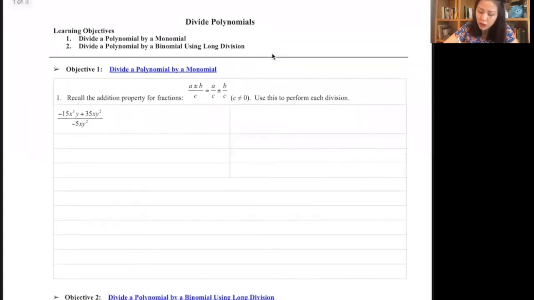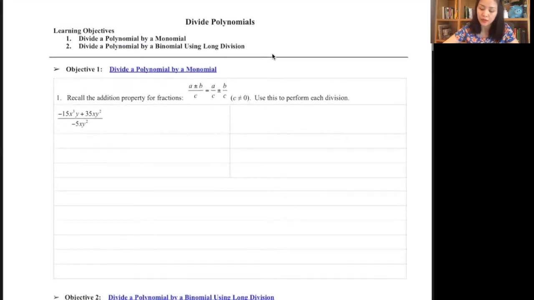Recall the addition properties for fractions. If I have a plus b divided by c, or a minus b divided by c, then I can break this quotient apart into two quotients, which is a divided by c plus or minus b divided by c. Right.